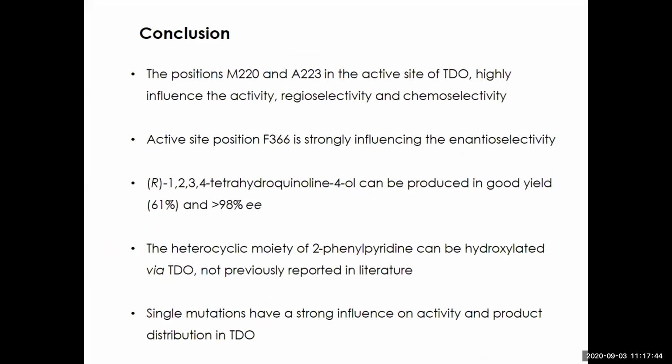In addition, we could synthesize this quite pharmaceutically interesting tetrahydroquinoline 4O, which was produced not only in good yield, but with a very high enantioselectivity. Furthermore, the heterocyclic moiety of 2,5-pyridine can be hydroxylated via TDO, which was so far not reported in literature. And yet, it seems like already single mutations in the TDO have a strong influence not only in activity but also in product distribution.